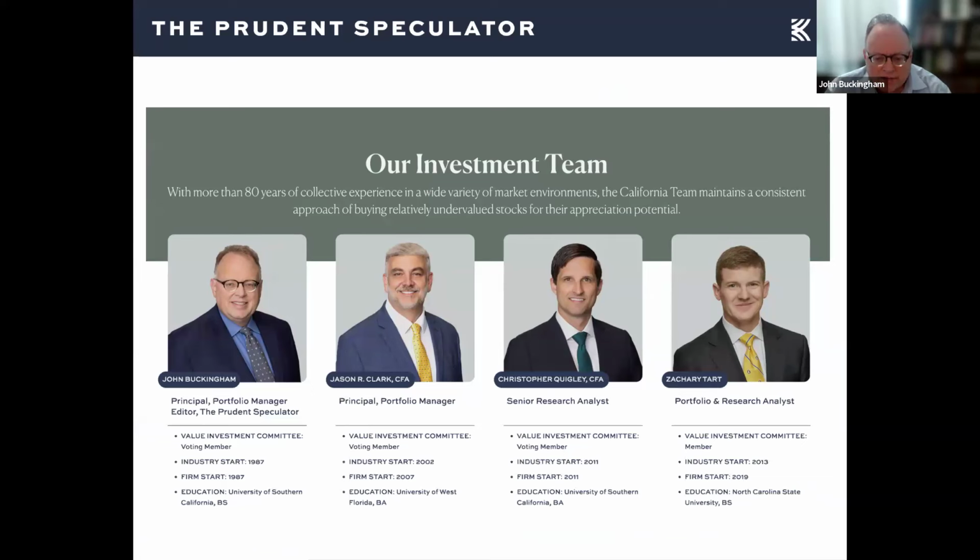But we have two other folks on the investment team, including Zach Tart and Chris Quigley. Chris is our primary number cruncher, and he's the guy who put together the diversification report and did all of the math behind that. Essentially, what Chris found was that what we've done all along in terms of liking broad portfolio diversification is supported by the data and the math and the historical evidence.